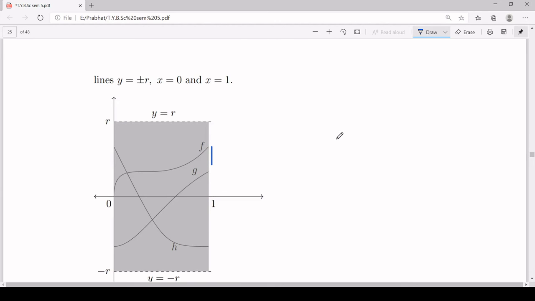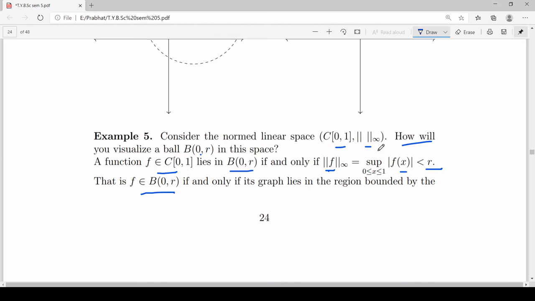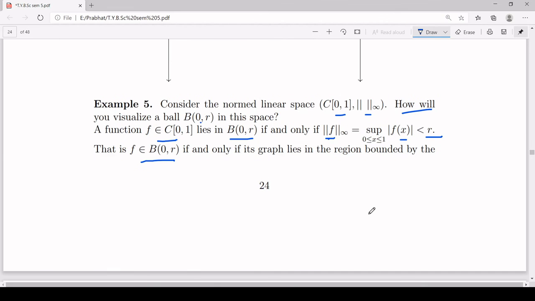I'll show this once again. Norm f infinity, that means the supremum of mod f of x is less than r. If the supremum of mod f of x is less than r, that means mod of f of x is less than r for every x. So if you remove the mod, you will have minus r is less than f of x and f of x is less than r for every x.